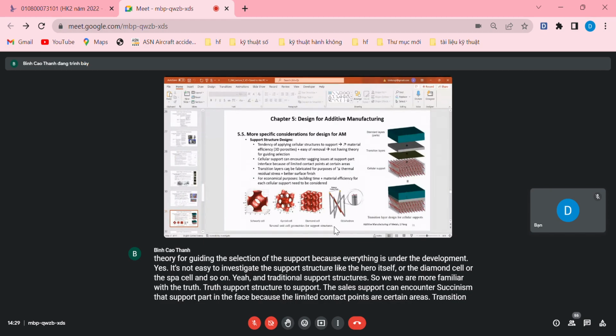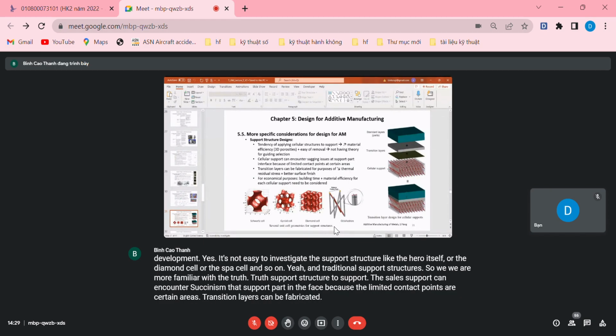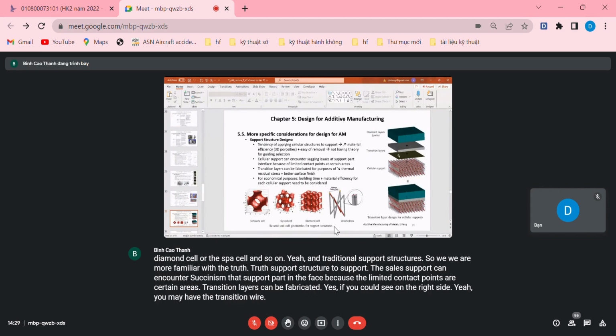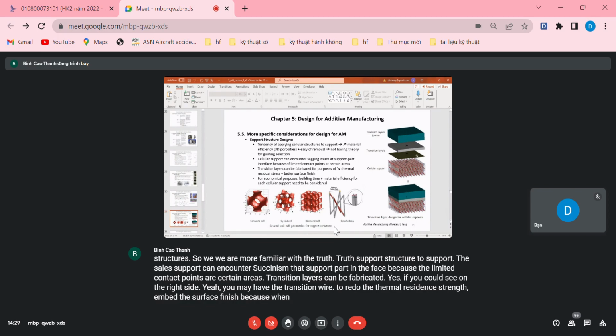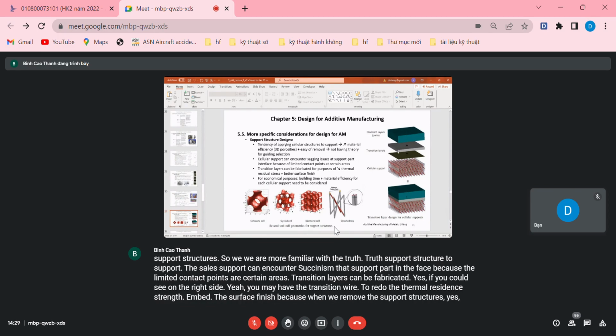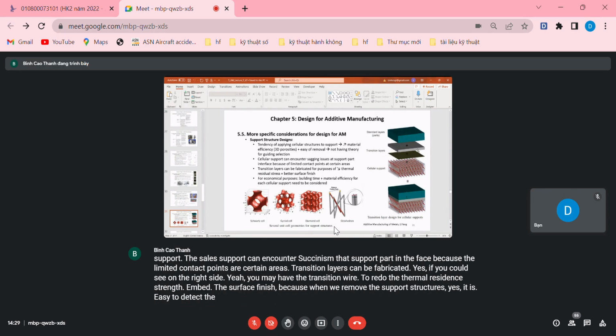Transition layers can be fabricated. If you could see on the right side, you may have a transition layer to reduce the thermal residual stress and better surface finish. Because when we remove the support structures, it's easy to detect the transition layer from the standard layer of the part.